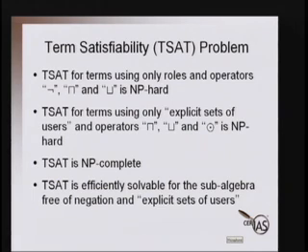The problem is still NP-hard even if the terms only use the atomic term in the form of set of users and operators square cap and O dot. The problem is NP-complete in general, but it can be solved in polynomial time if the term does not contain negation and atomic terms in the form of set of users.